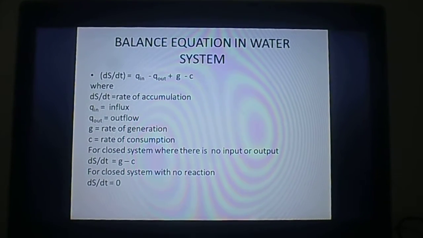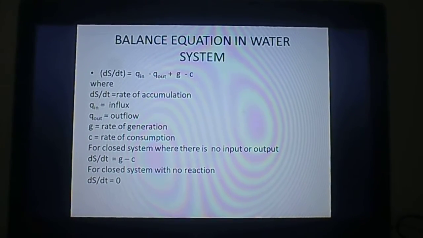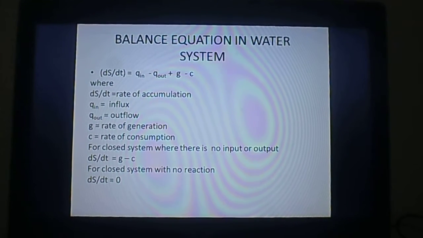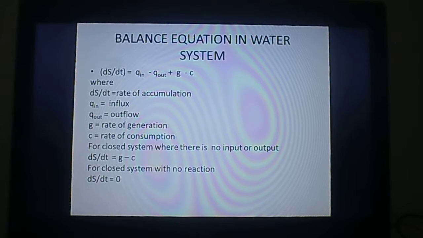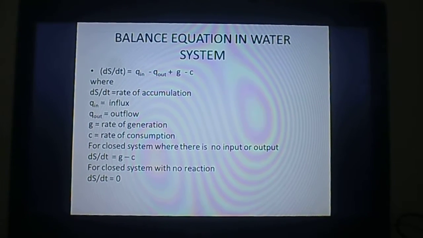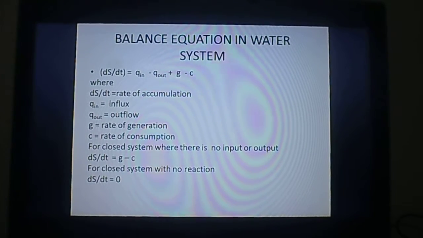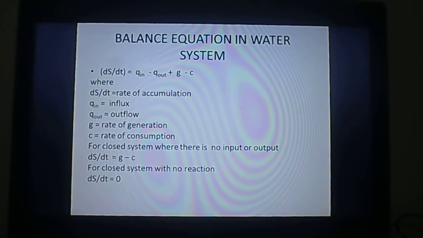Hence, the T represents time. The differential S represents a change in S, representing storage or accumulation.